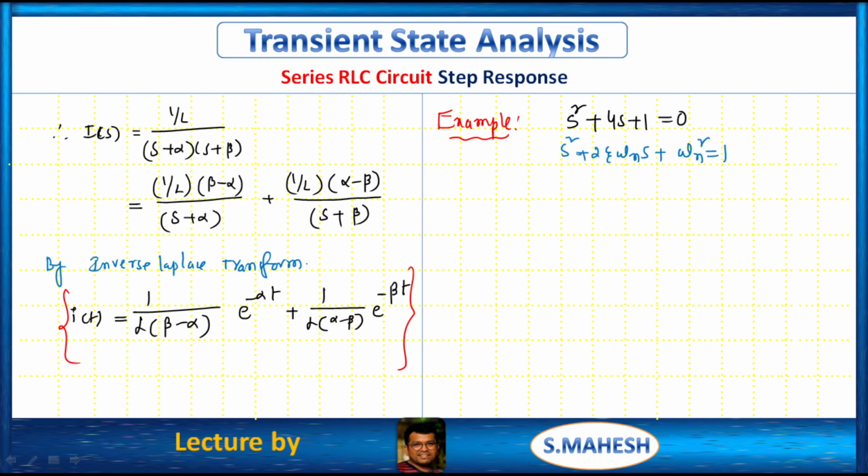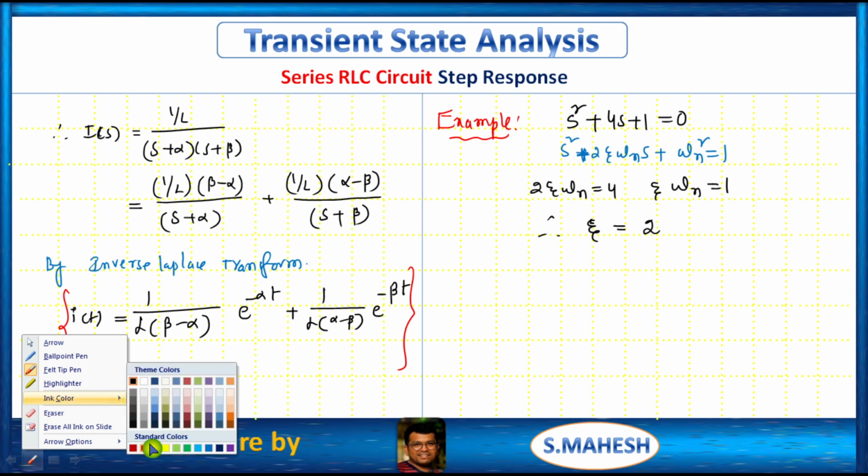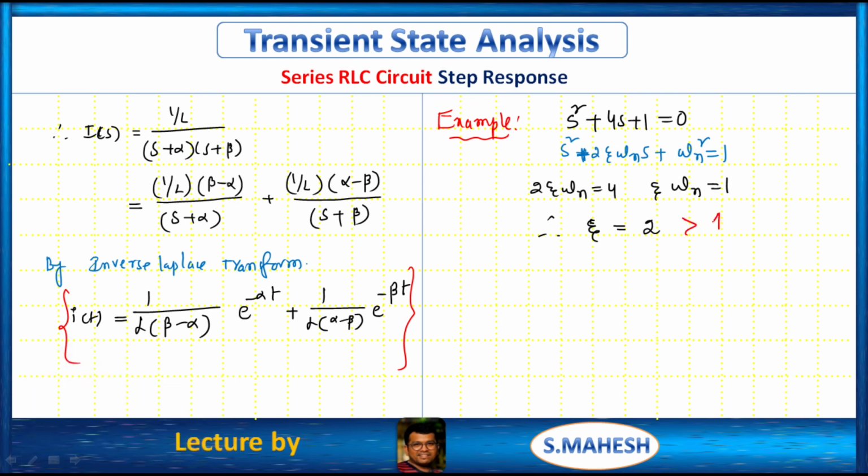From this, omega n equals 1 and 2 zeta omega n equals 4. Therefore, zeta equals 2, which is more than 1, right?